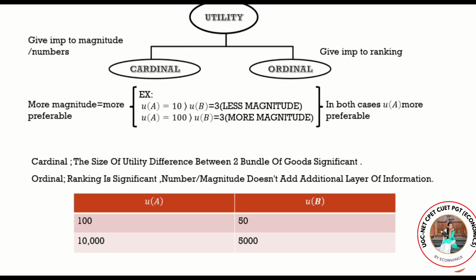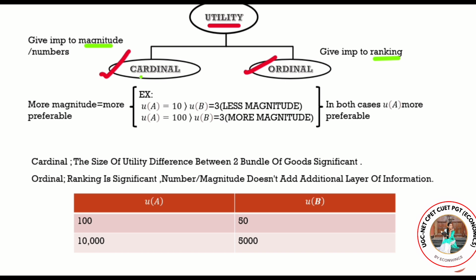Now come to the main topic. Utility is of two types, cardinal and ordinal. Cardinal utility was less realistic and ordinal utility was more realistic. Cardinal utility is also known as the classical approach. Cardinal utility gives importance to magnitude and numbers, but ordinal utility gives importance to ranking.